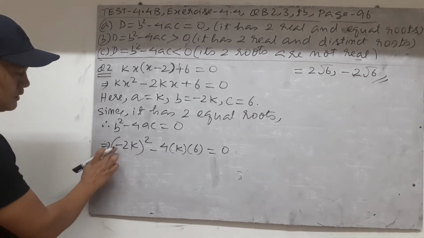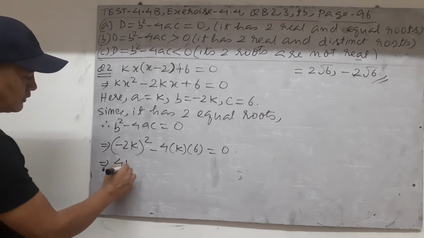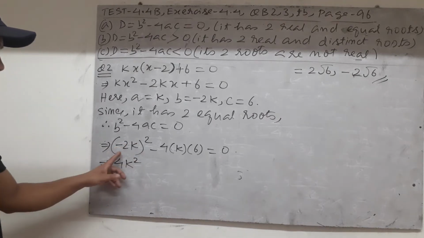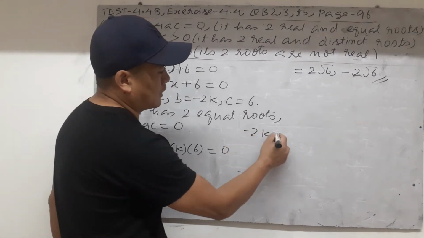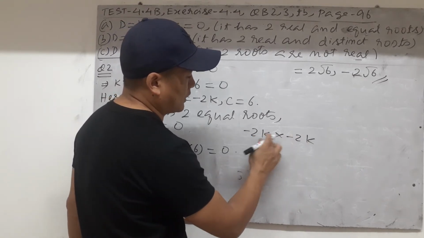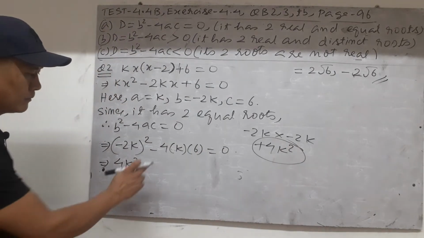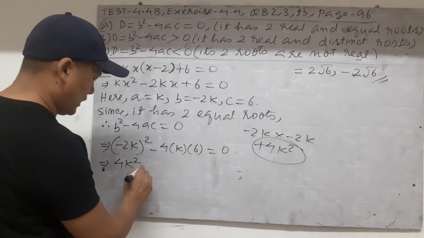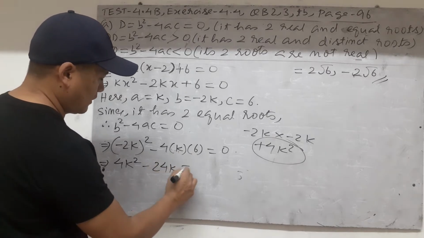So here, minus square is plus, then 2 square is 4, k square, so 4k square. Minus 2k whole thing square is 4k square. Minus 2k into minus 2k, so minus the minus, plus 2 2s are 4, k into k square, plus 4k square. Minus the plus minus, so minus 4 6s are 24k.